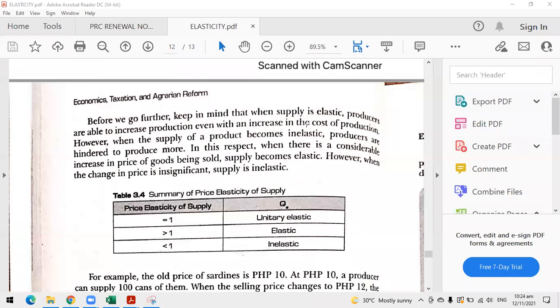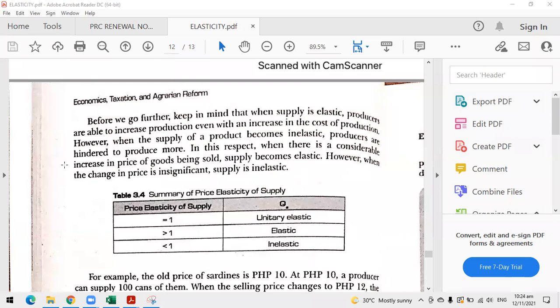Okay. So keep in mind that when supply is elastic, producers are able to increase production even with an increase in cost of production. Elastic kasi kaya naman nilang mabawi. However, when the supply of a product becomes inelastic, producers are hindered to produce more kasi nga mas mababa yung benefit sa kanila. So in this respect, when there is a considerable increase in the price of a good being sold, supply becomes elastic.